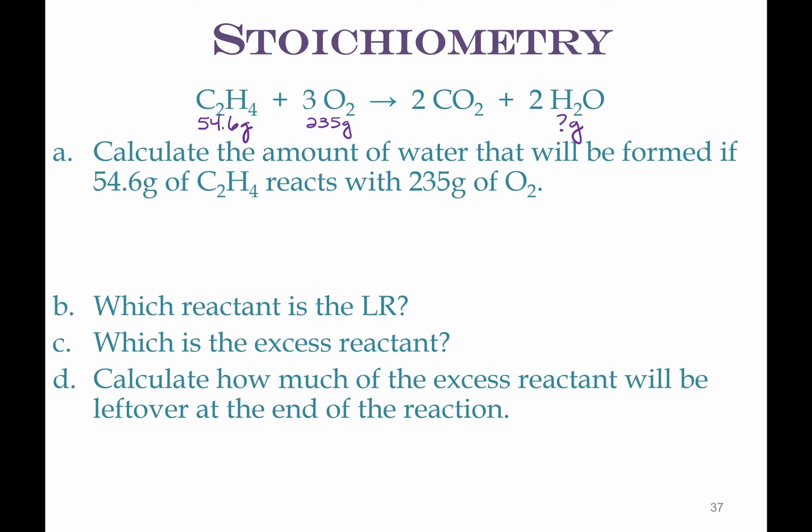All right, so starting with 54.6 grams, this is a limiting reactant problem of C2H4. I need the molar mass, so 28.052 grams of C2H4 for every 1 mole of C2H4. Do the mole ratio now.